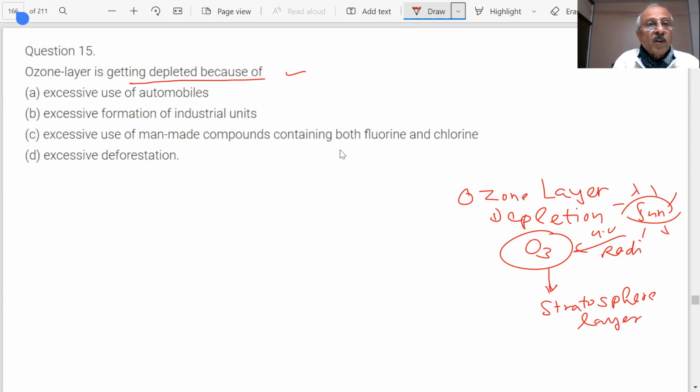It is depleted because of what? What answers are we giving? Sir, option C. Excessive use of automobiles, is that the cause of the ozone depletion? No, sir. No. Excessive formation of industrial? No. Excessive use of man-made compounds containing both fluorine and chlorine.